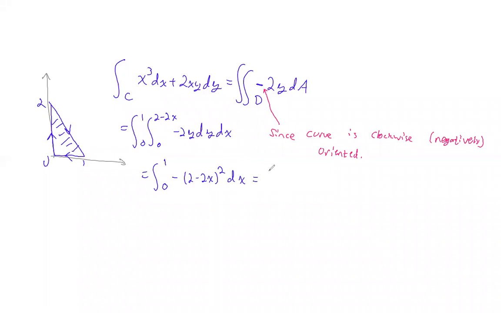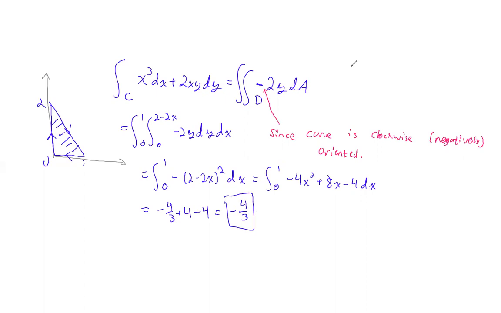And just going through it, expanding it out completely, integral from 0 to 1 of negative 4x squared plus 8x minus 4, excuse me. In other words, negative 4/3 plus 4 minus 4, or negative 4/3.